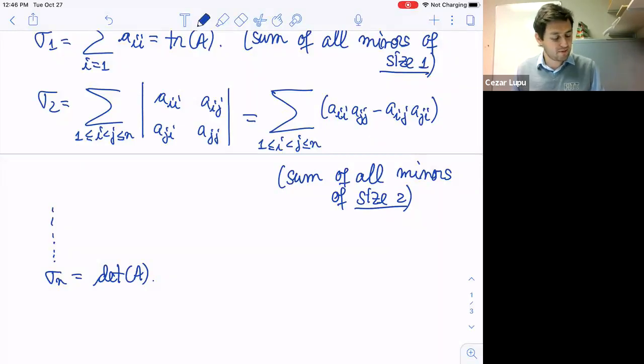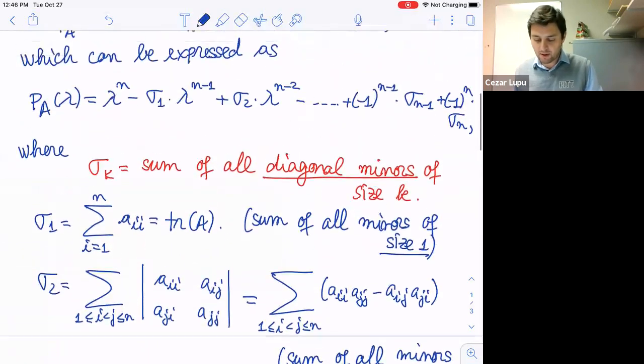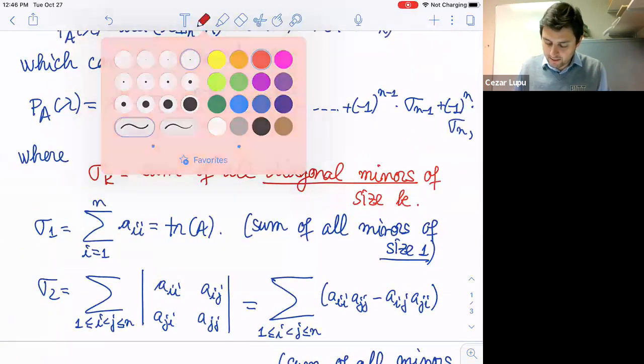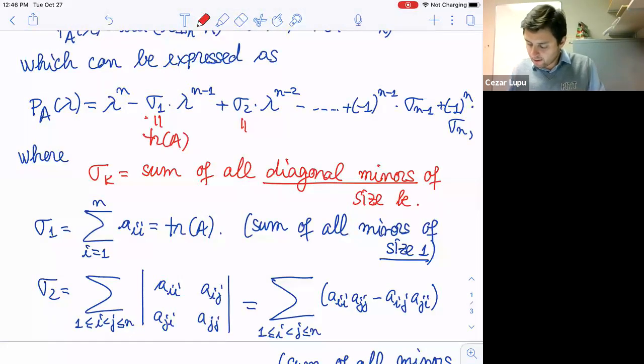That's basically the definition of the determinant. Now we want to address the following question. We have seen who these coefficients are. So this one is the trace of A, we know these ones here, and this is the determinant of A.